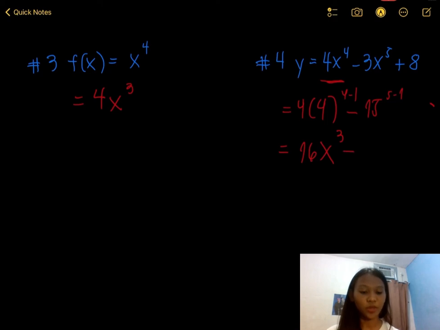So now 4 times 4 is 16. 4 minus 1, 3. 5 times 3, 15. 5 minus 1, 4. So the derivative of the function y is equal to 4x raised to 4 minus 3x raised to 5 plus 8 would be 16x raised to 3 minus 15x raised to 4.